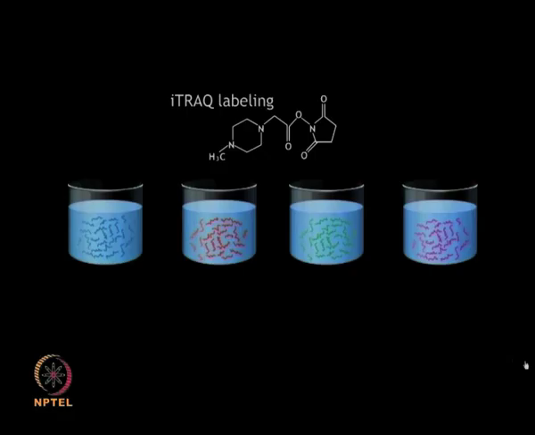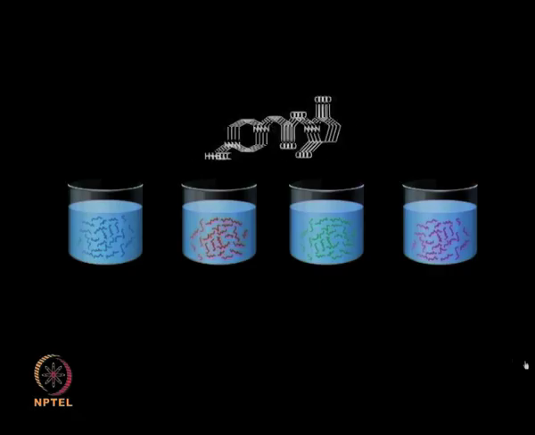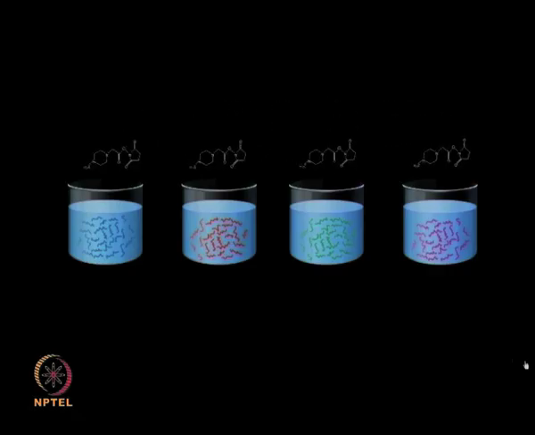The iTRAQ reagent consists of a reporter group, a balance portion and a peptide reactive group that interacts with the N terminus of the peptide or the free amino group of lysine residues, giving an overall mass of 145.